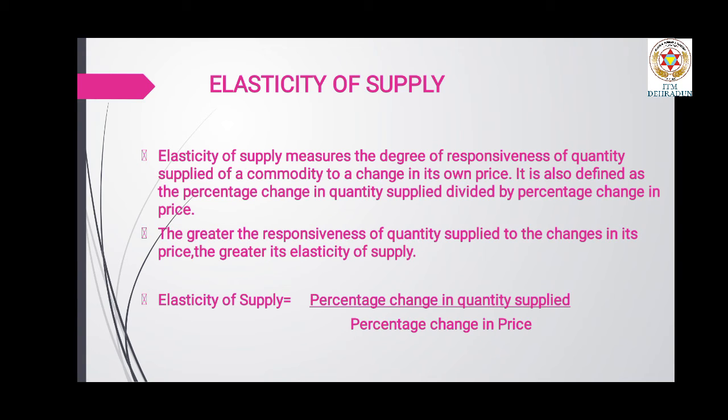When the quantity supplied changes more than proportionately to the change in price, the supply tends to be elastic. So here, the greater the responsiveness of quantity supplied to the changes in its price, the greater is its elasticity of supply.